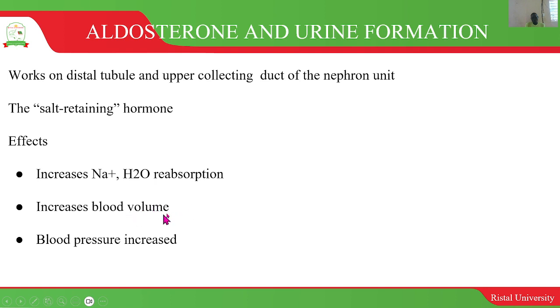The blood pressure is normally raised, and that's why in renal hypertension a lot of water and sodium is retained in the body, and then the person develops high blood pressure just from renal origin. Of course, blood pressure is increased.